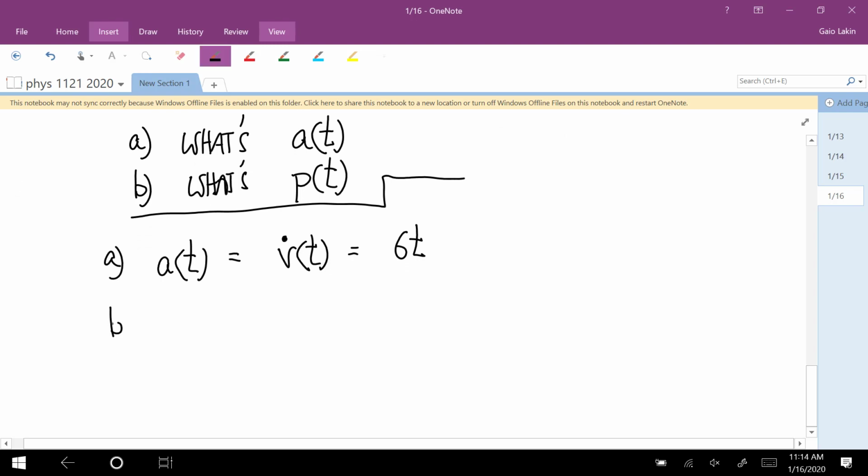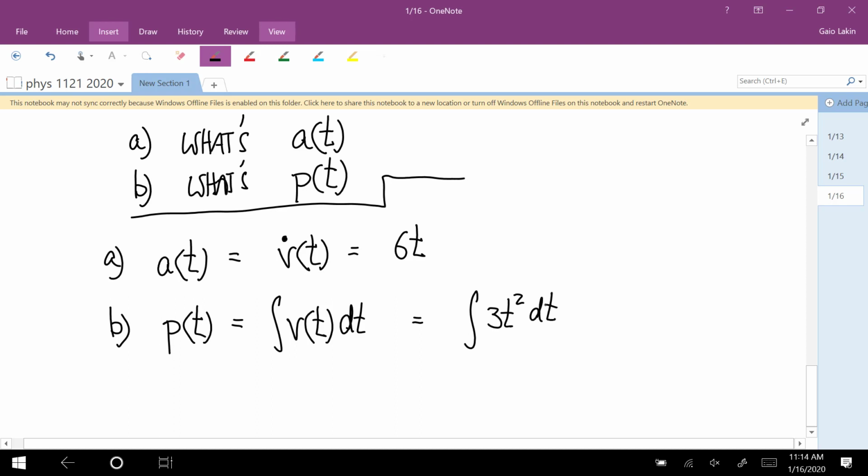The position, though, is the integral of the velocity with respect to time. So the integral of 3t squared dt, and so that's t to the third plus this constant c.